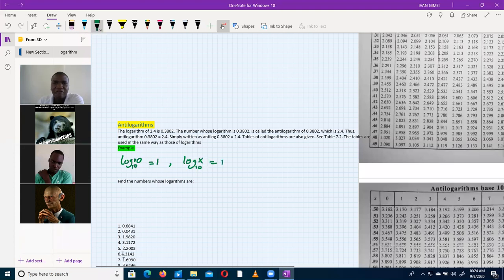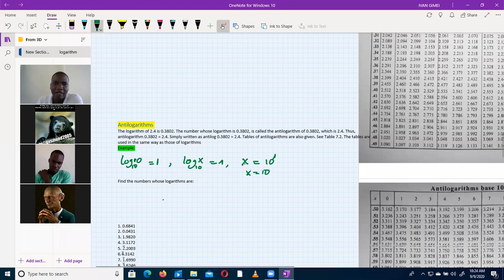They're asking you to find the value of x. What value has a logarithm of 1 to base 10? In this case, we know very well that this is the same as x equals 10 to the power 1. That means that x will be 10 in this case.